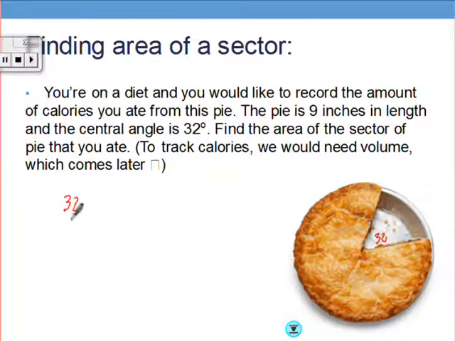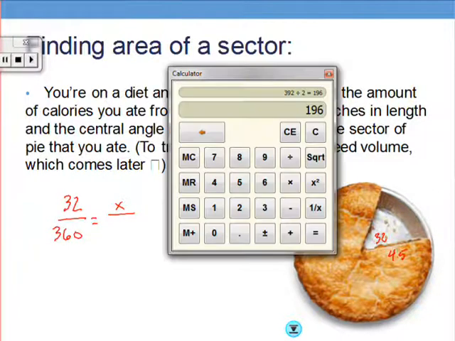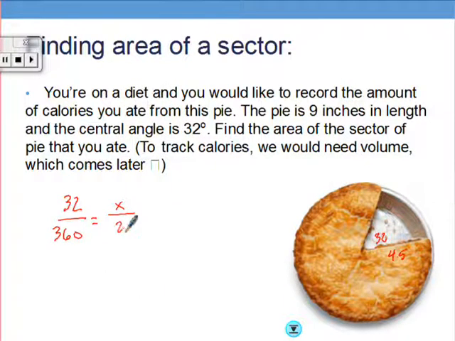So the part of the circle we ate was 32. The whole was 360. The area of the section we ate is what we don't know, and the area of the whole thing, the pie, is 9 inches in length. Okay, the pie is 9 inches from there to there. So the radius is 4.5, so this is 4.5 squared, so 20.25 pi.